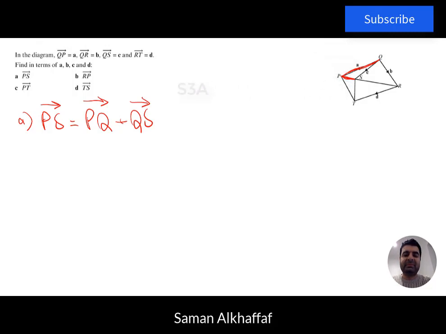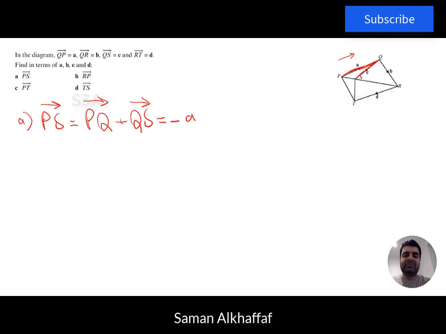So adding these two, in this scenario, PQ, we are taking in the opposite direction, because you can see for PQ we are going in this direction while the A is going in this direction, so we have minus A, and we have QS, which is coming in this direction.